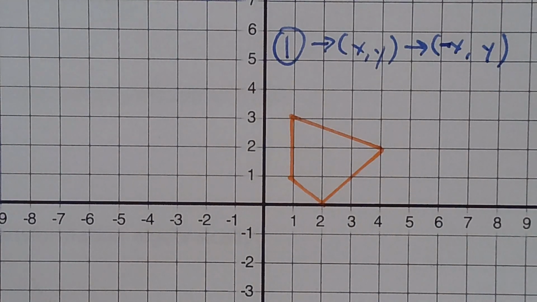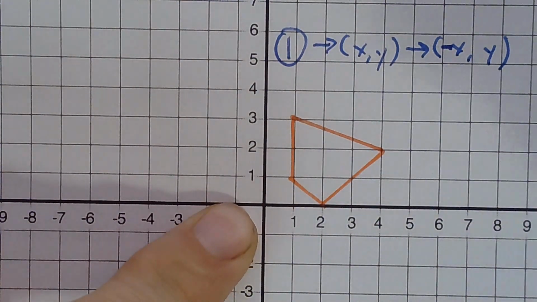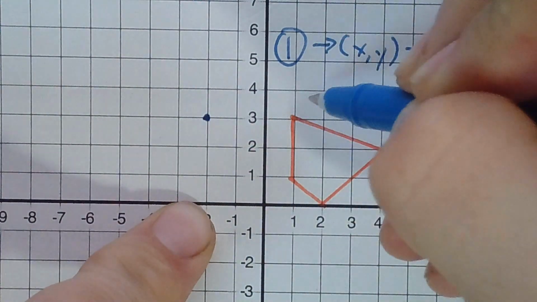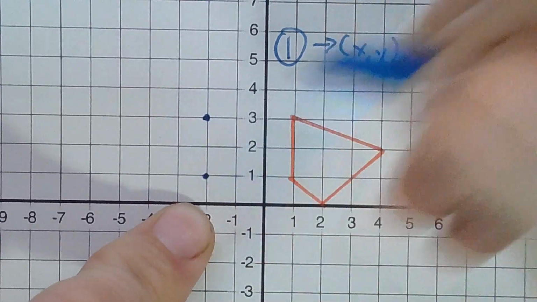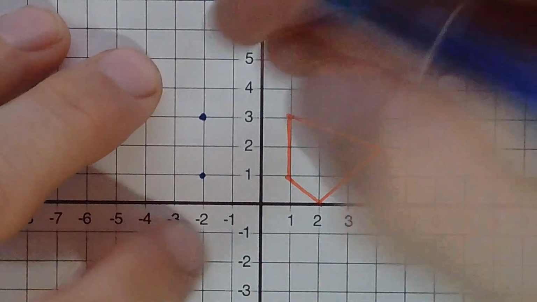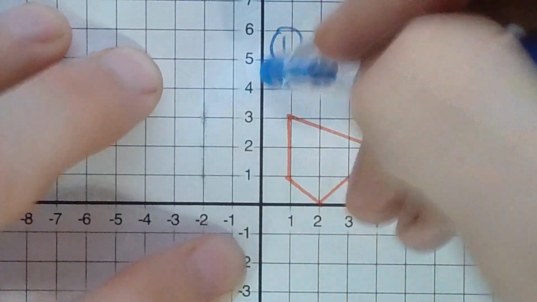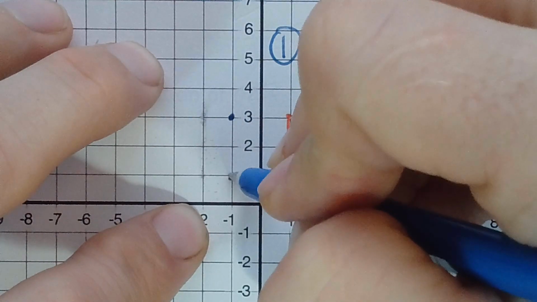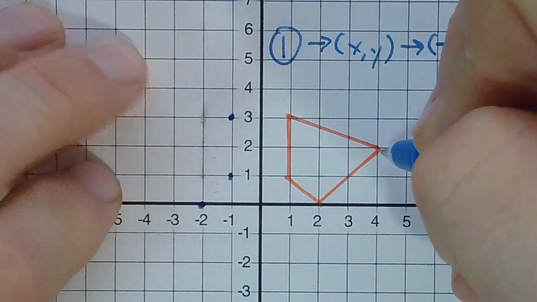Well, that's going to be a reflection across the x-axis, right? So we're going to go ahead and do that. It's pretty easy to do. 1 and then 2, right? And then this one goes over. Oh, this would be -1, -1. That always throws me off with these lines. So these guys go here. These stay all the same, x-axis, right? And this one goes down here, and then this point goes over here.